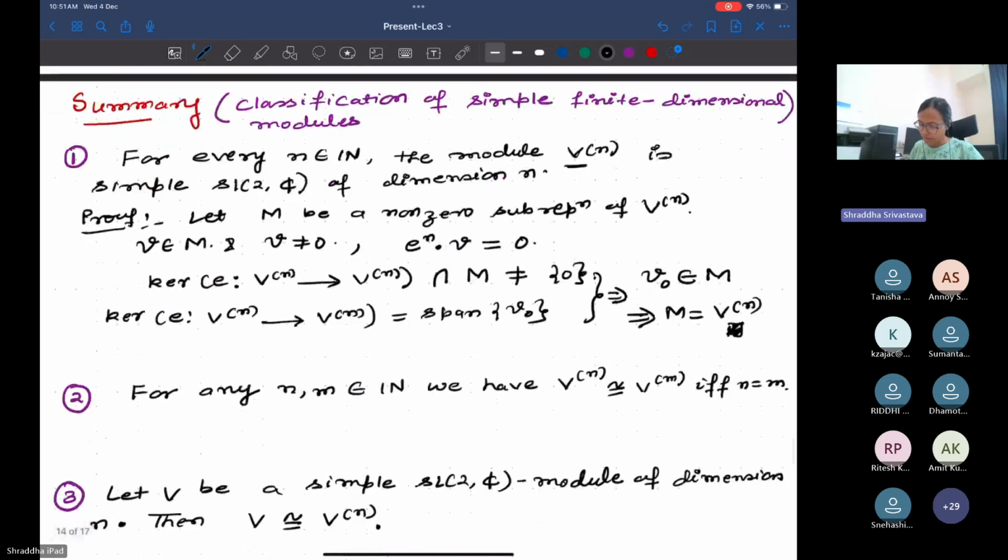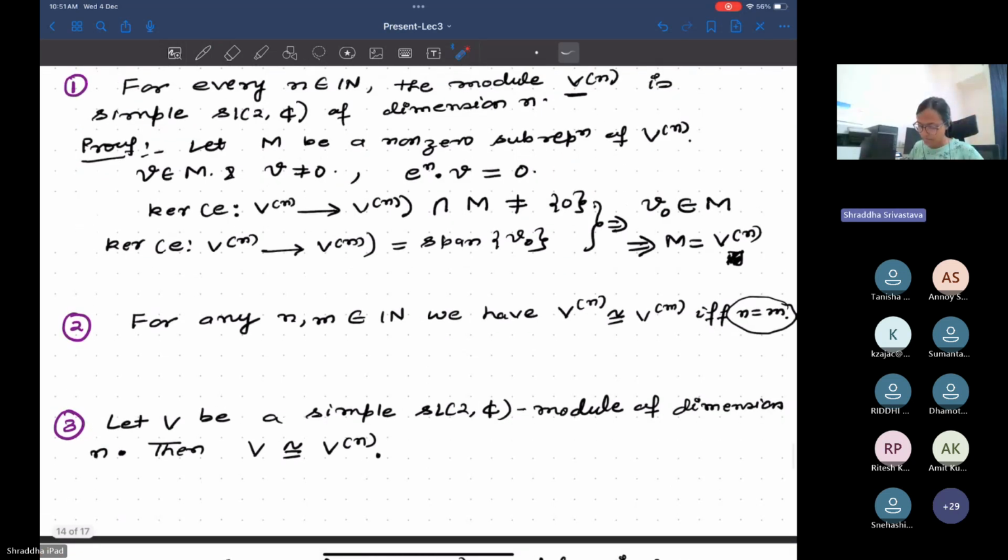And further, Vn and Vm are isomorphic if and only if n equals m. So if your natural numbers n and m are different, then these representations are also different. All right. And then how we started analyzing representations of SL2C, irreducible representation of SL2C or simple module for SL2C, both mean the same.